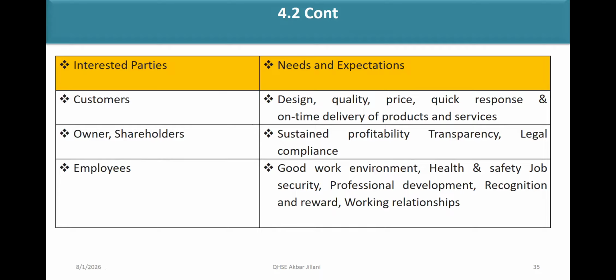The employees do not want from you only money, the salary. They need from you recognition, professional development, job security, and so many other things.